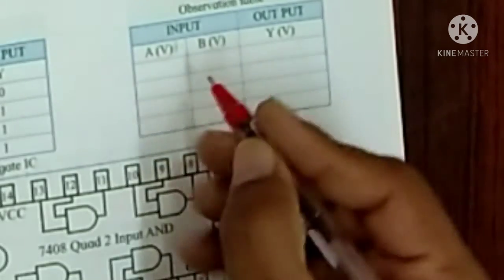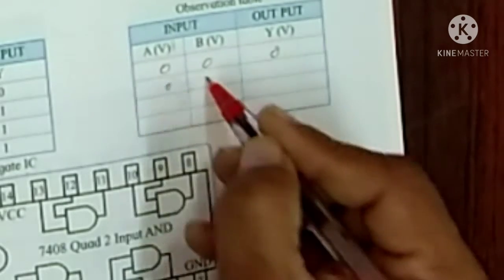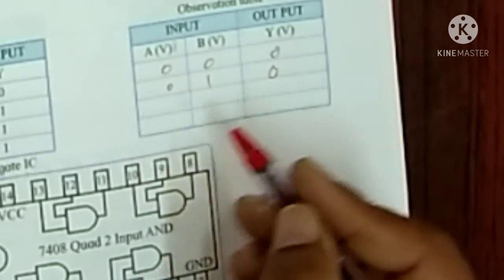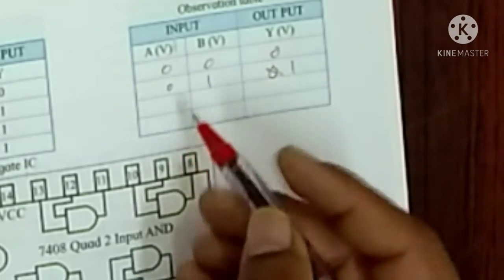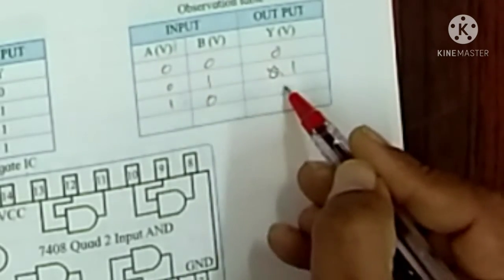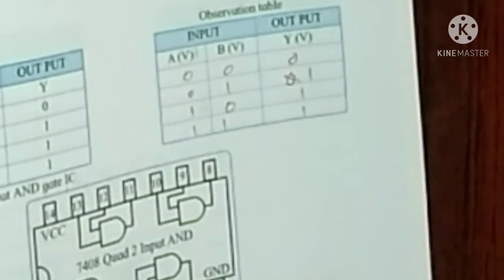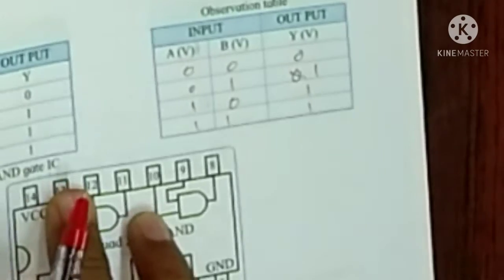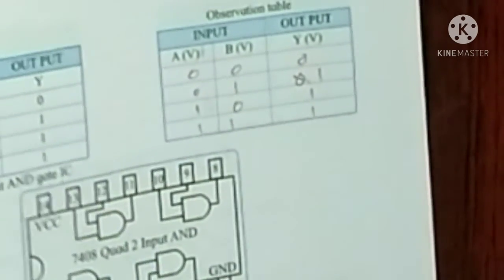What we get there, 0 plus 0 is 0. Then 0 plus 1 is, not 0, this will be the 1, because this will be the addition simply. Then 1 plus 0 is again 1. Then 1 plus 1 is again simply 1. Right? Now this will be the verification of truth table of OR gate.